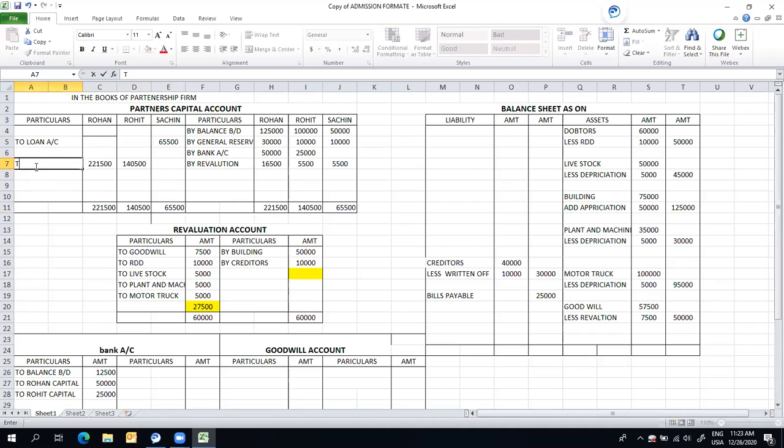Here we will write to balance carried down. Okay, and this entire balance we will transfer to the balance sheet, capital account, Rohan and Rohit. 2,21,500 and 1,40,500. Okay. Take the total of this, 3,62,000.